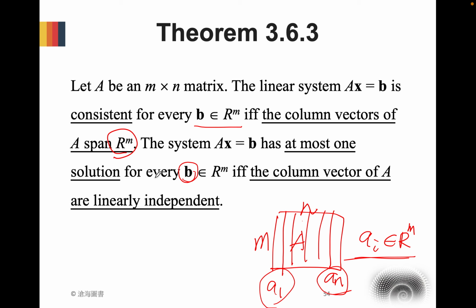Remember that? If we use a set of linearly independent vectors to represent a linear combination, then this linear combination would be unique.